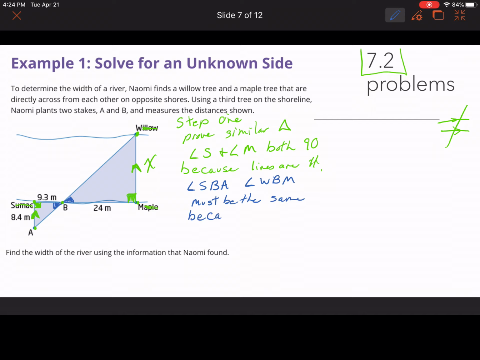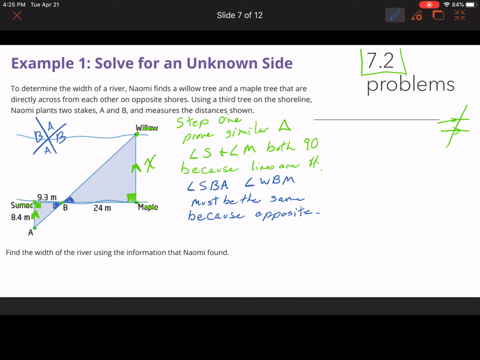So that was one of the rules that we did in that getting ready section, that if any two lines meet, these two have to be the same and these two have to be the same if they're straight lines.